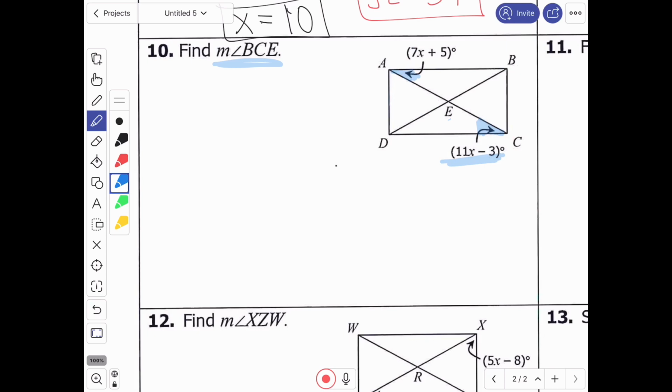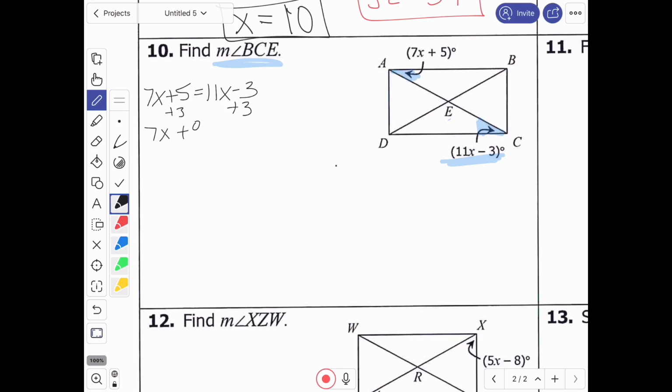So I'm going to take 7x plus 5 equals 11x minus 3. Add 3 to both sides. 7x plus 8 equals 11x.